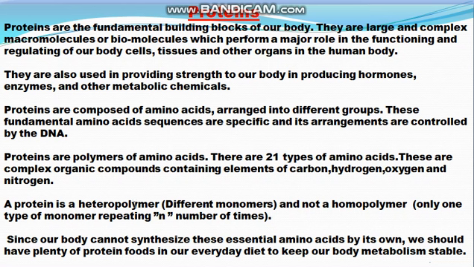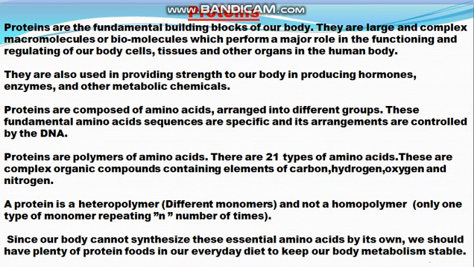And protein is not a homopolymer. Homopolymer means only one type of amino acid repeating a number of times. So protein is always a heteropolymer, meaning different types of amino acids combine together to form the protein.